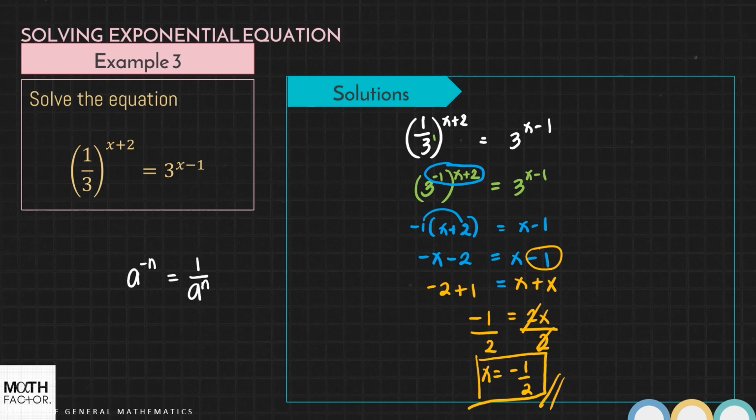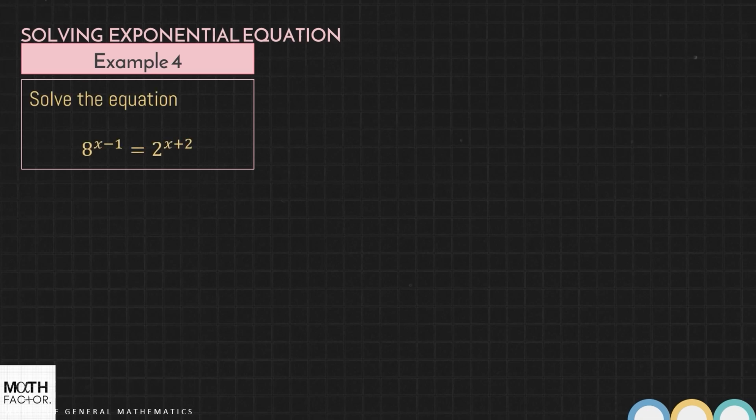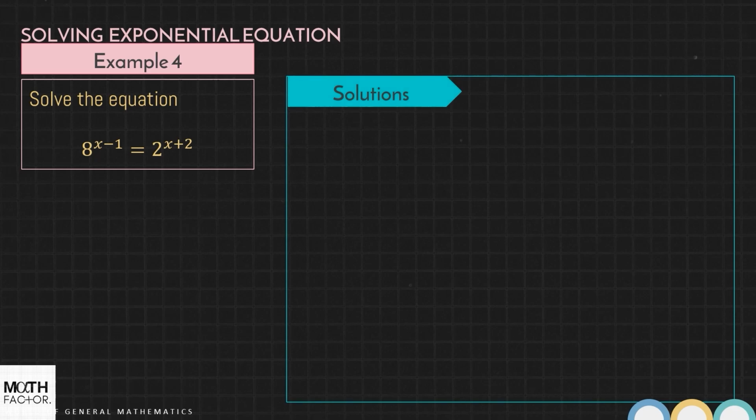Alright, so let us have the fourth example. 8 raised to x minus 1 is equal to 2 raised to x plus 2. So, isip na tayo, paano natin magagawang same ang bases natin dito. So, of course, using the base of 2.